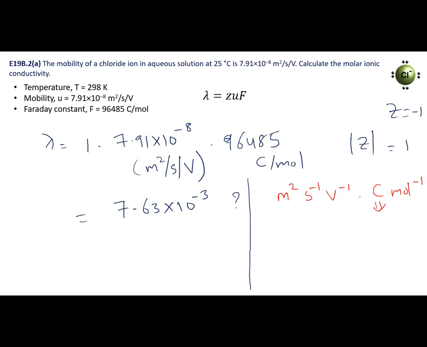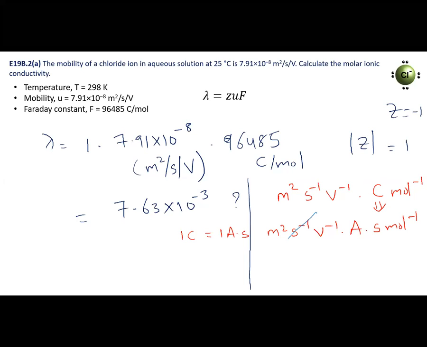Basically, 1 coulomb is equal to 1 ampere second. So I can rewrite that as meter squared per second per volt times ampere second per mole. And here, one second gets cancelled with the other. What's remaining here is meter squared per volt, ampere per mole.